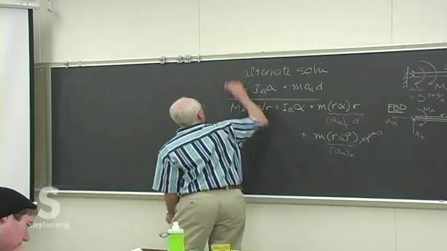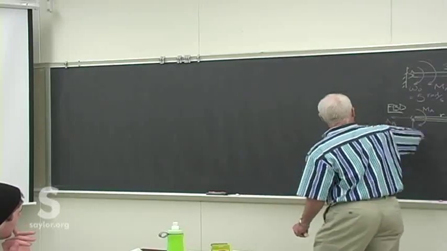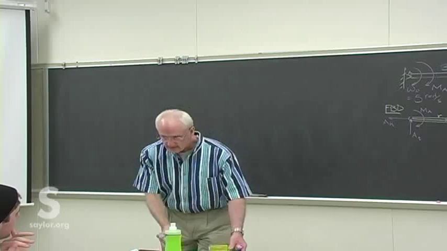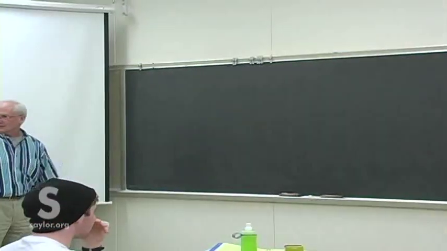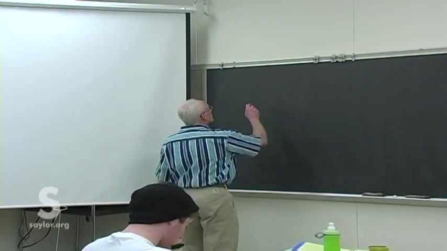Another problem. Harken back a little bit to Physics 1 for you, those of you that had it. Not those of you who have had it with me. All right.